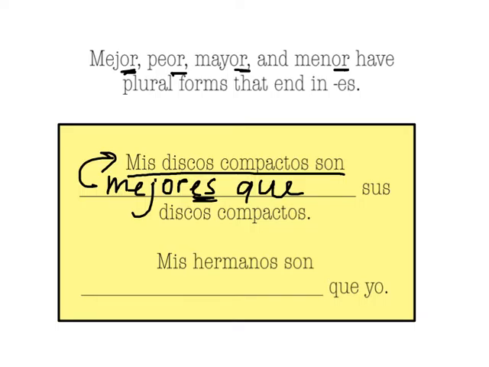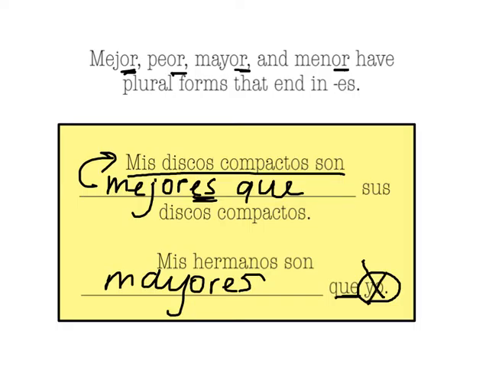Let's do one more example. Mis hermanos son blank que yo. Okay, I already have my S there, so I won't add it again. And I could really fill this in with a lot of options. My brothers are older than I am. Son mayores. Now, yo is singular, but that doesn't matter because what we're doing is making sure that this adjective matches with mis hermanos.